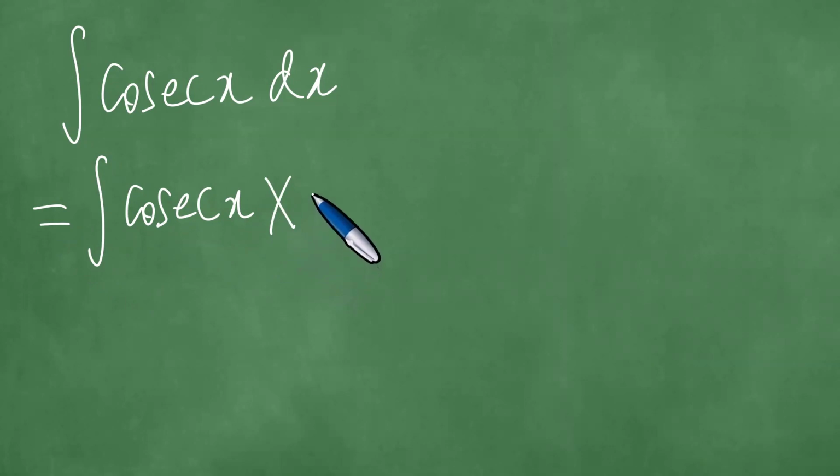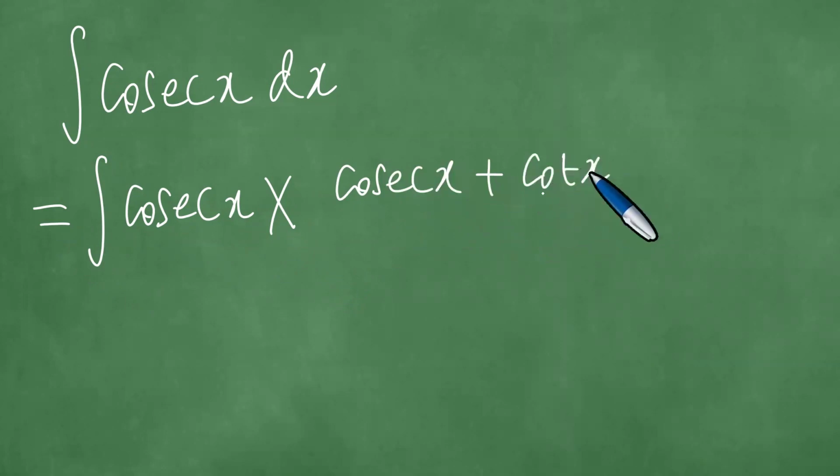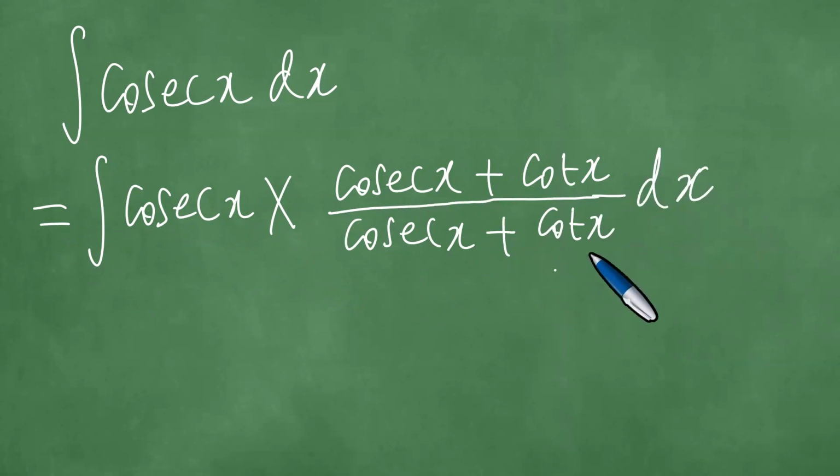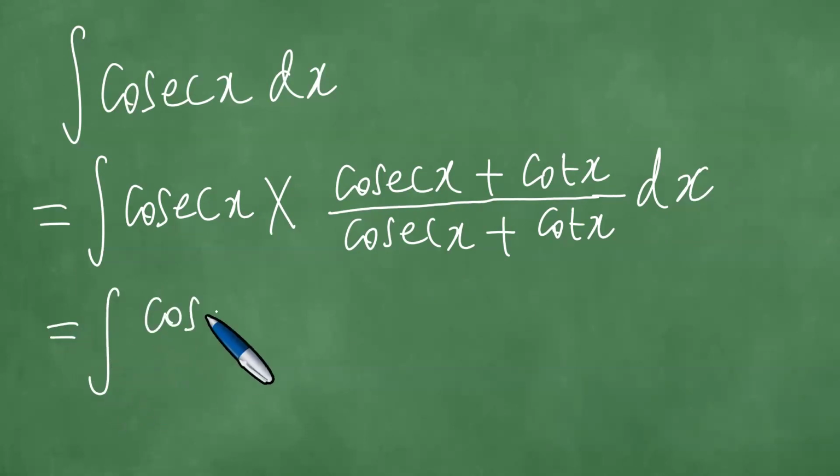We can choose to multiply by cosecant of x plus the cotangent of x divided by the cosecant of x plus the cotangent of x dx.